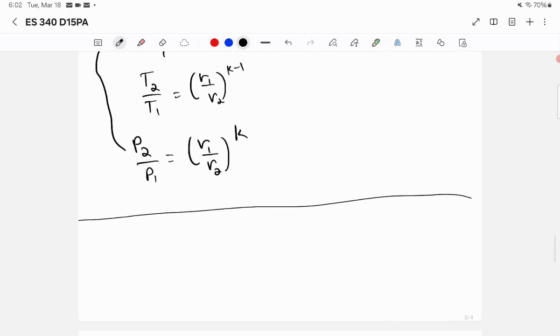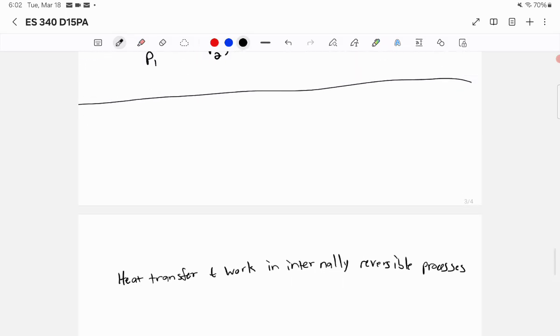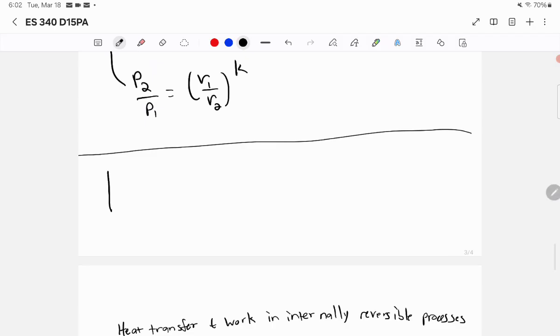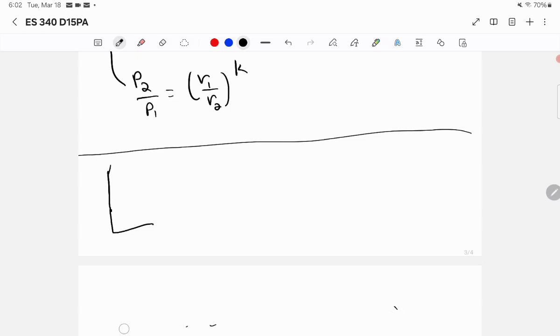Okay, so an interesting thing that happens is, let's look at the PV and the TS diagrams here. I'm going to erase this now. On the PV diagram, if n is equal to 0, we have a straight line here. For n equal to plus or minus infinity, we have something like this.